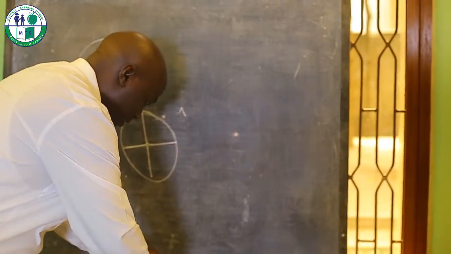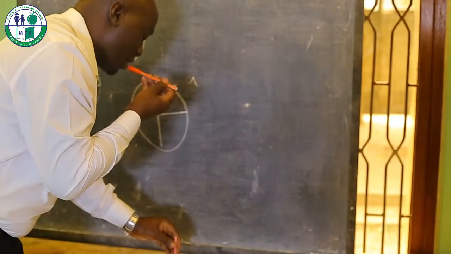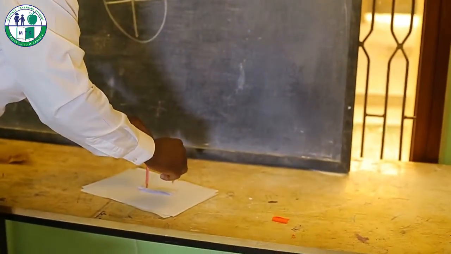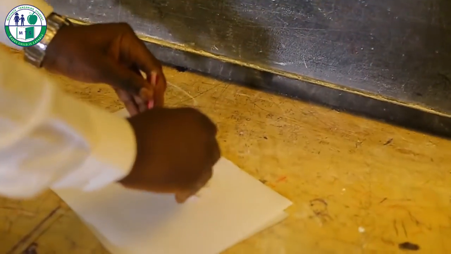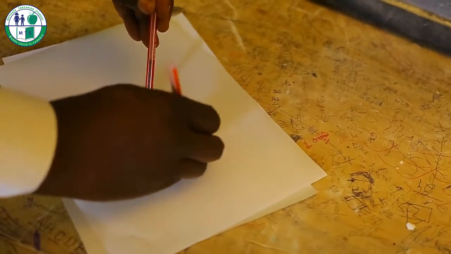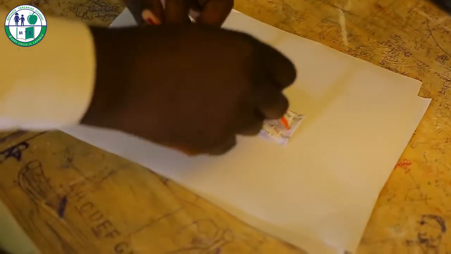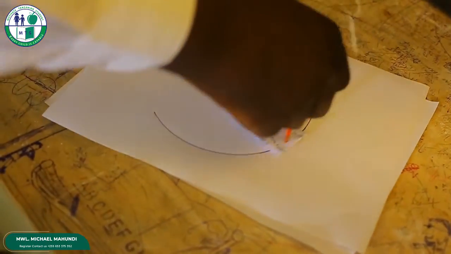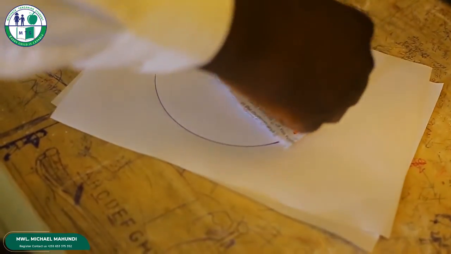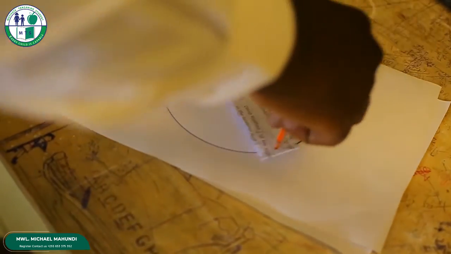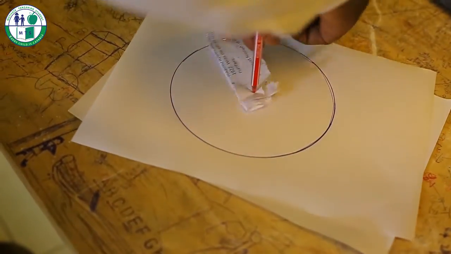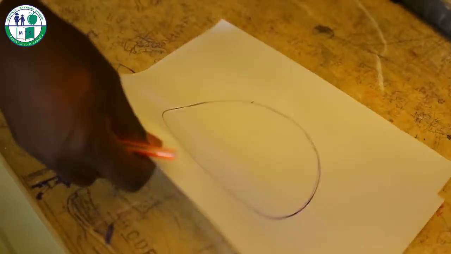Alafu sasa nachukua peni yangu hapa. Naanza kuchora duara yangu hapa. Regardless of how it is turned, the circle will still be a circle.